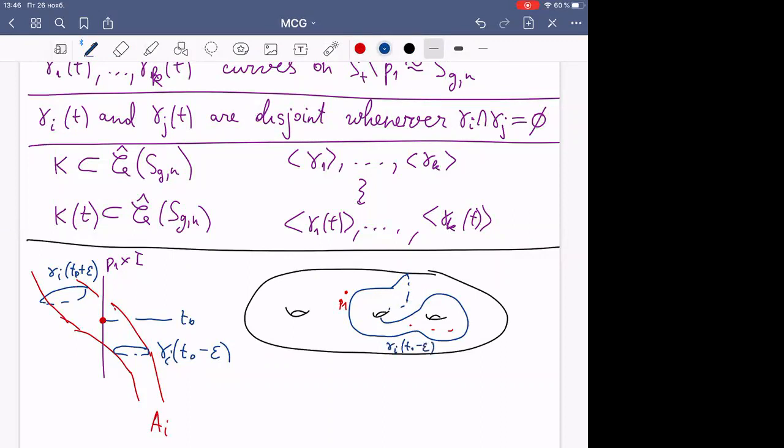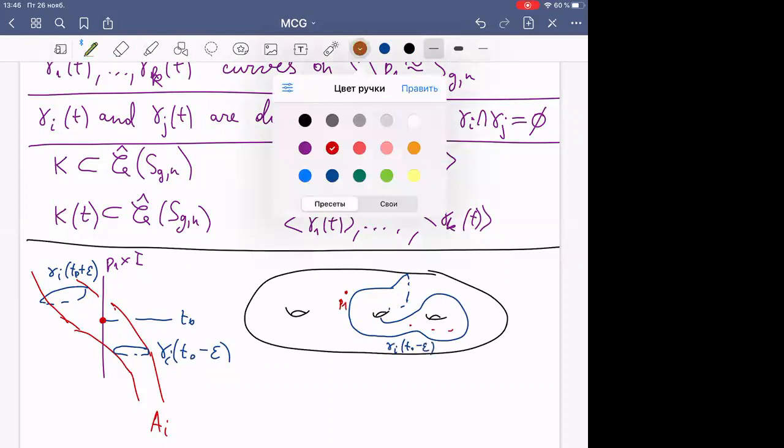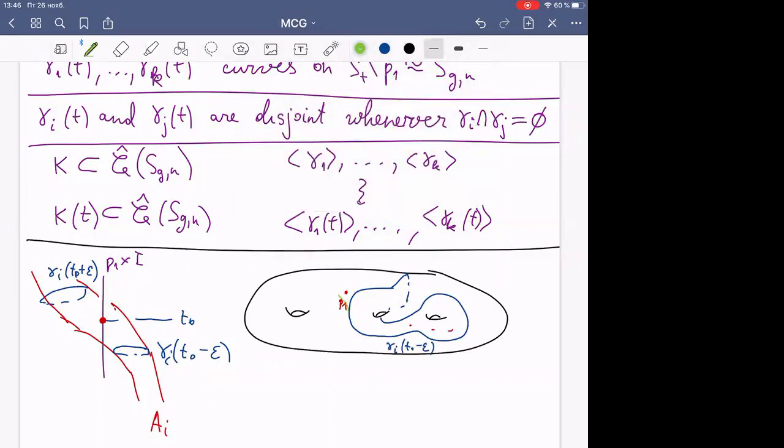After that there will be the same gamma_i, but it will just pass through P1, so it changes like that. This is gamma_i of t0 plus epsilon.